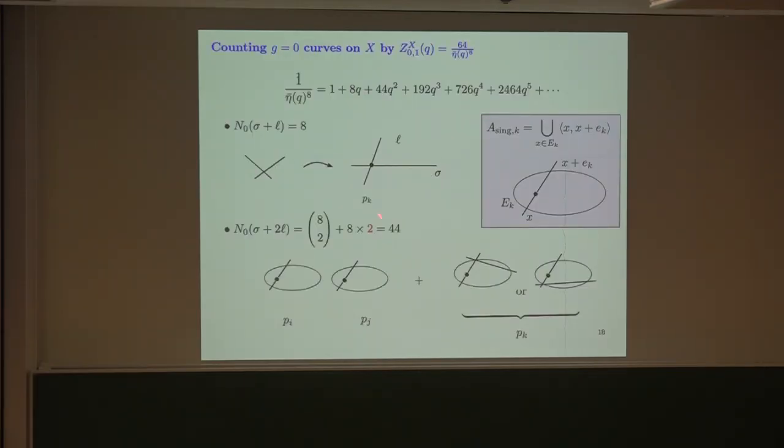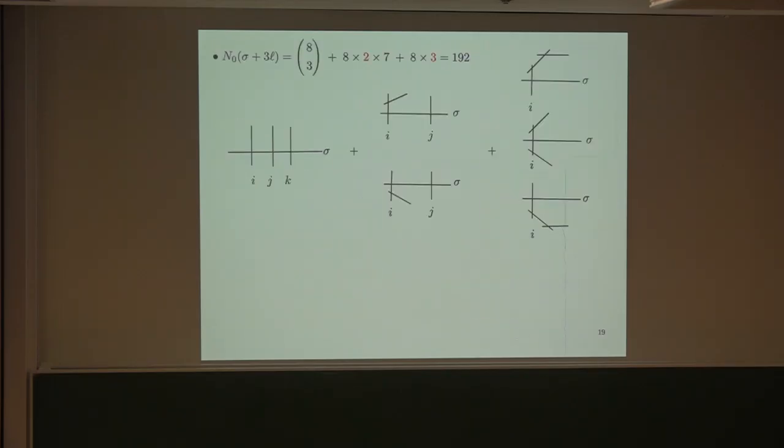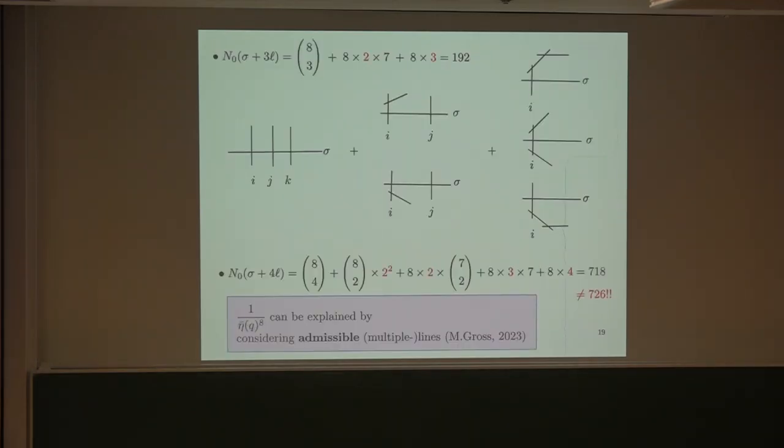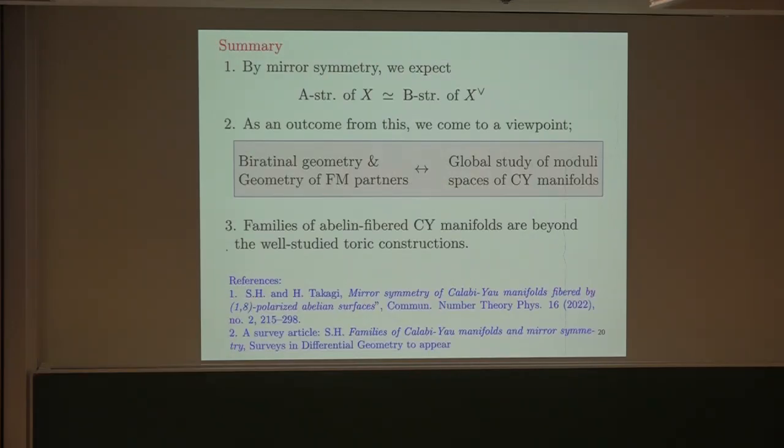Something like this. And then 44 is a very combinatorial argument. We can explain 44 and so on. Counting is something like this, and if we go to higher degree, then we have multiple lines to think about, and we have to go into the details.